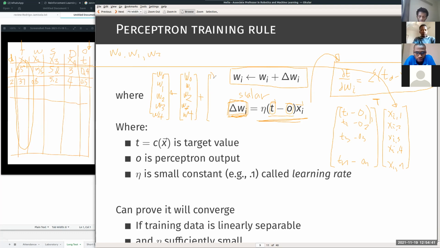So delta W1, delta W2, delta W3, and delta W4, where you can get it from here. That is scalar. But then the summation is gone because these are vectors, and that's how we multiply them. Do you understand?